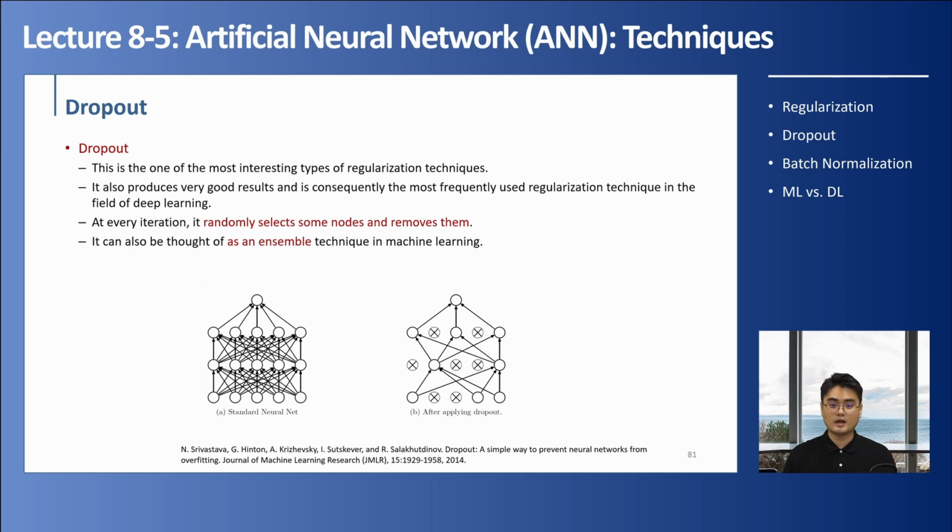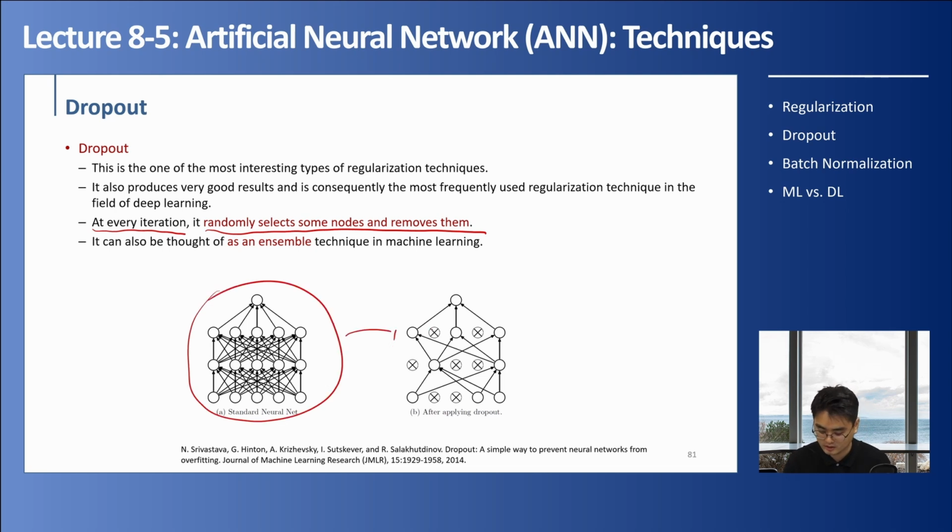Dropout is a very famous method to regularize your neural network. What it does is, at every training iteration, it randomly selects some nodes and removes them. So if this is a standard neural network, in some iteration this will remove some nodes here, which means that it's freezing these weights. It's not training these weights.